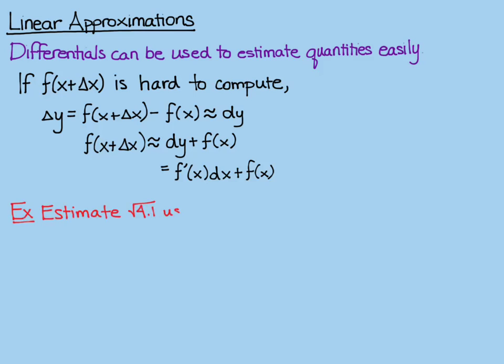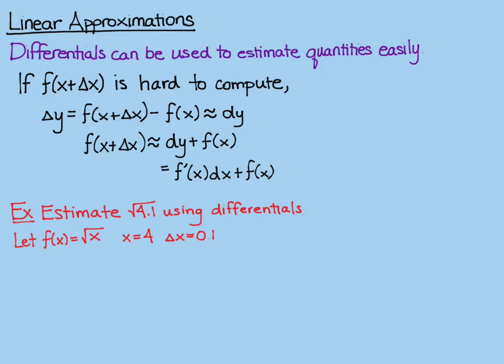Let's look at an example. Let's estimate the square root of 4.1 using differentials. We're going to let our function f(x) be the square root of x, and x will be 4. Notice that we know how to evaluate f(4). The difference between the value that we want to take the square root of and the input value is 0.1, or 1/10.